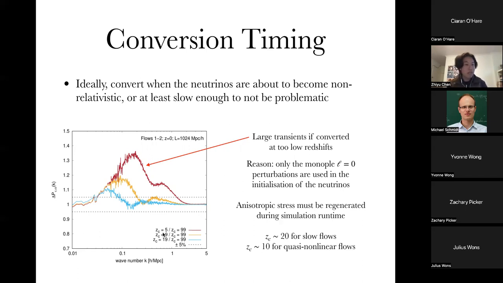You need to convert them early enough so they can regenerate their own higher order moments. The way to solve this is to add in this high order information, but at present it's not obvious how you would do that without breaking the bank. A rough estimate is that you have to start at about z of 20 for the slower flows that are very nonlinear, and the quasi-nonlinear ones can be started slightly later, at redshift about 10. But later than that, you'll start running into these issues.